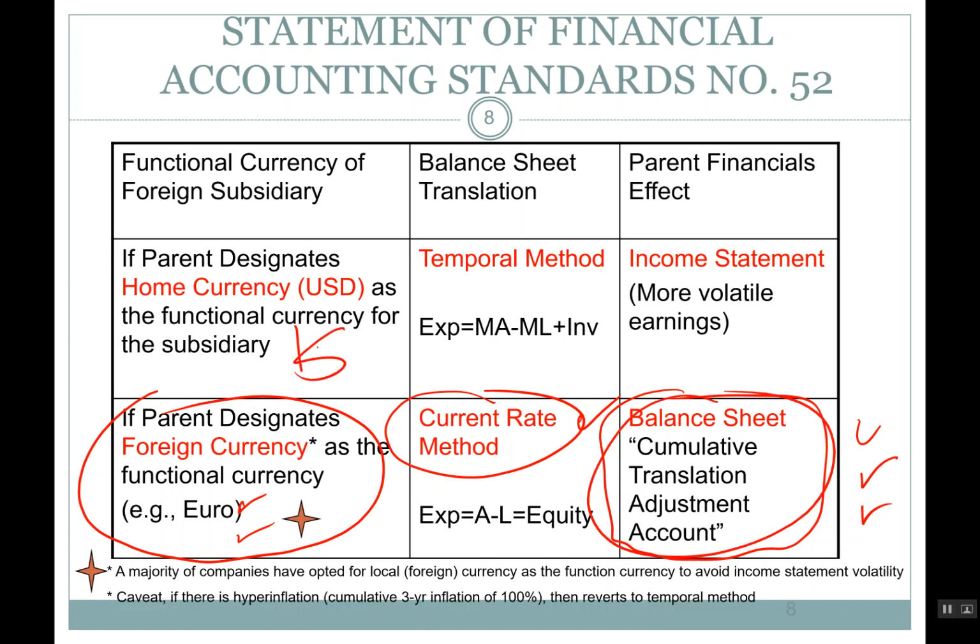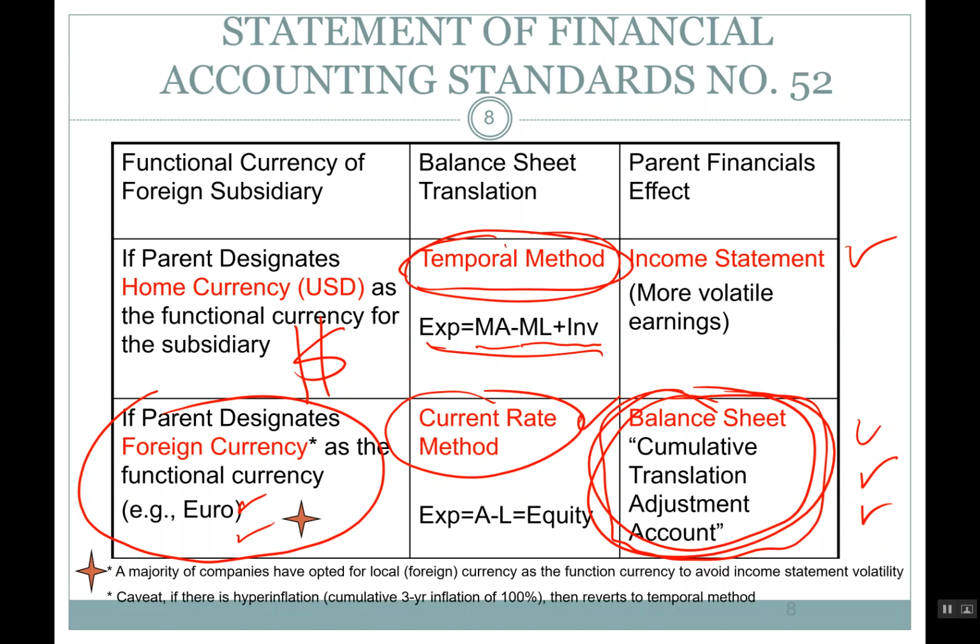Now, if they choose the dollar as the functional currency, then they use the temporal method, using your monetary assets, monetary liabilities, and inventory, and it does hit the income statement. So all companies have a choice for every sub. I can either have big gains and losses get stuck in the balance sheet, or smaller gains and losses hit earnings.